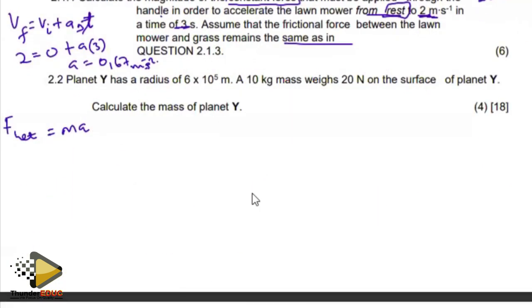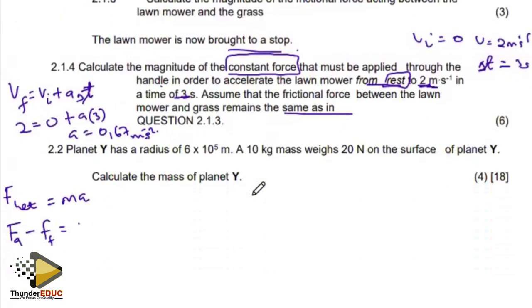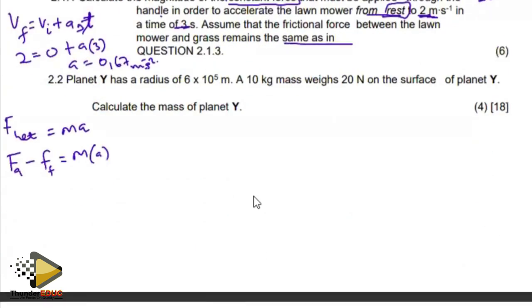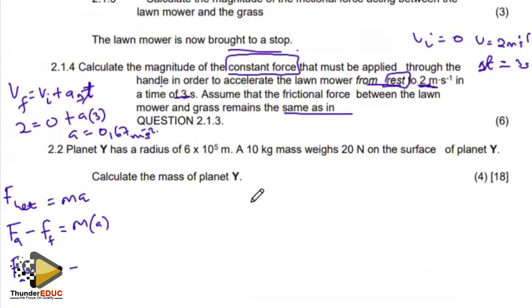I'm going to say F applied minus my frictional force should be equal to the mass of the lawnmower. They told us the mass, which is 15 kilograms, multiplied by the acceleration that we just got. So this is going to be F applied cos of 40 minus 68.94.